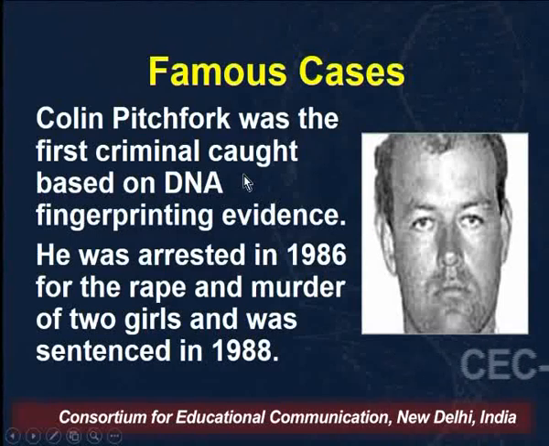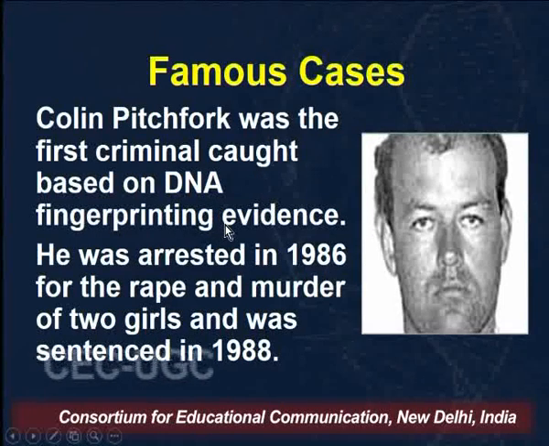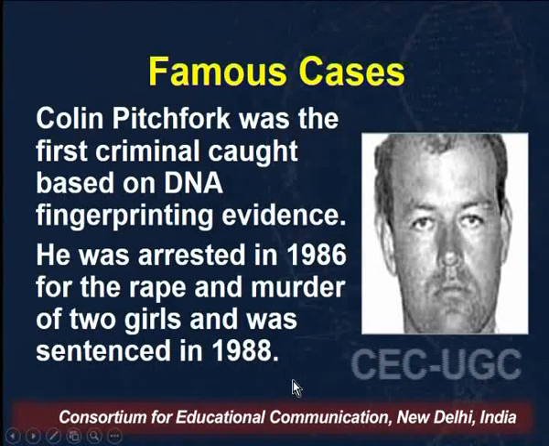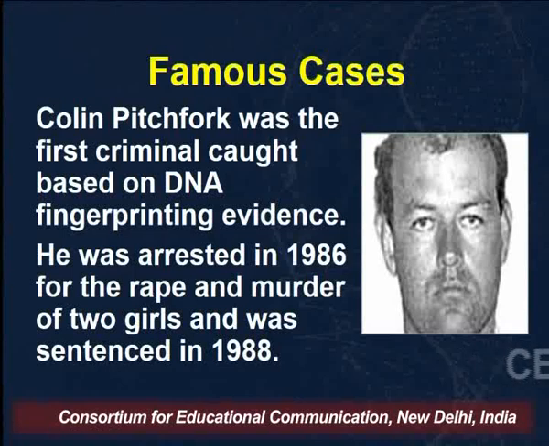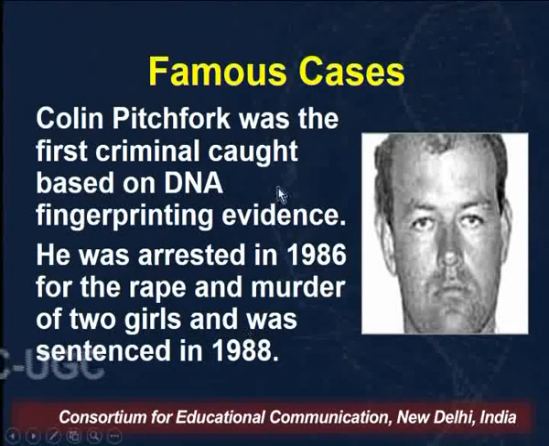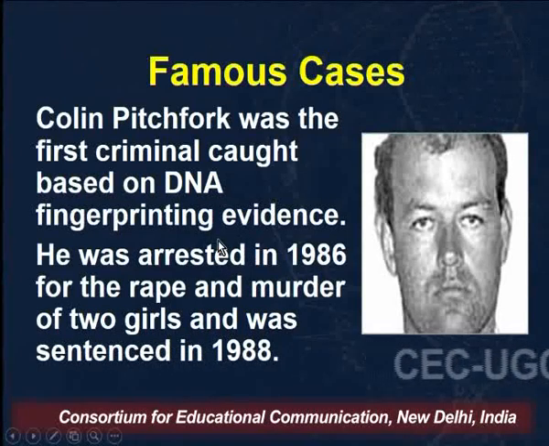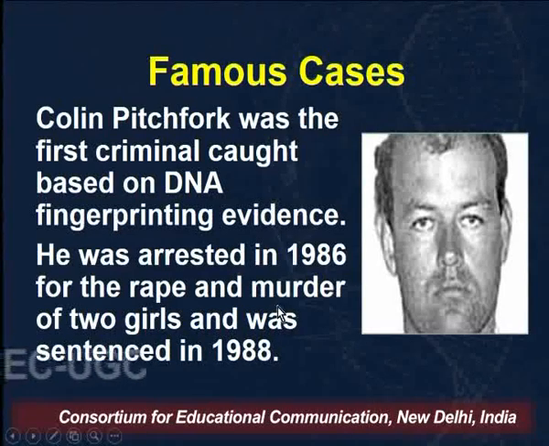He was the first criminal who was caught based on DNA fingerprinting evidence. He was arrested in 1986 for the rape and murder of 2 girls and was sentenced in 1988. So in this case, the DNA fingerprinting evidence was used for the first time, and because of it, he was caught and sentenced.